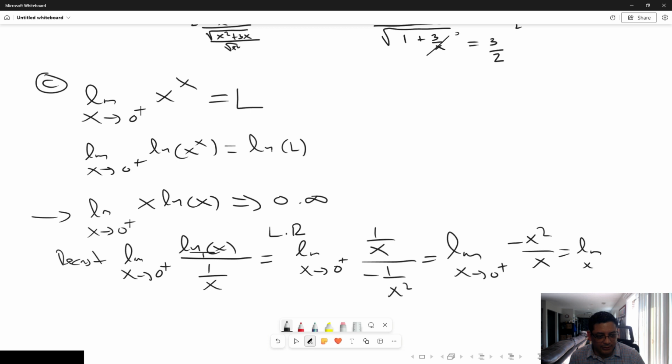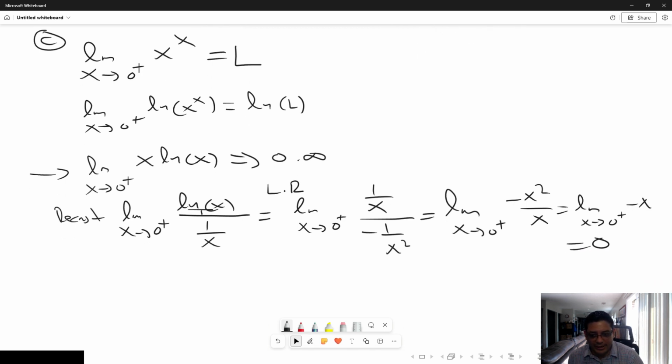And so this is the limit when x goes to 0 from the right of minus x, and this is just 0. Okay? But at this point, I've got to remember that this is the log of L, right? So the log of L is 0, so the exponential of the log of L is equal to the exponential of 0. And so L is just going to be 1.